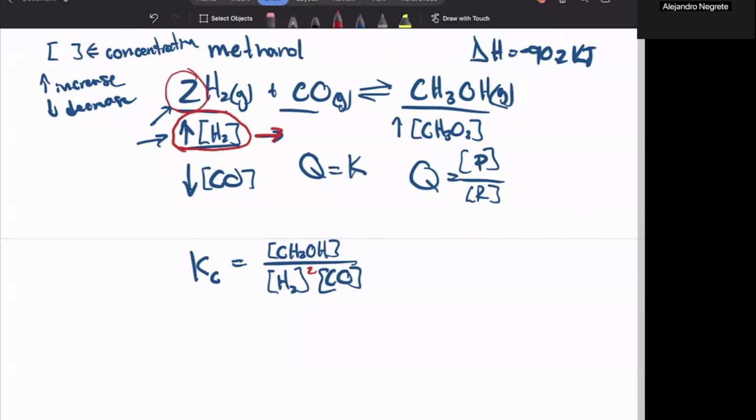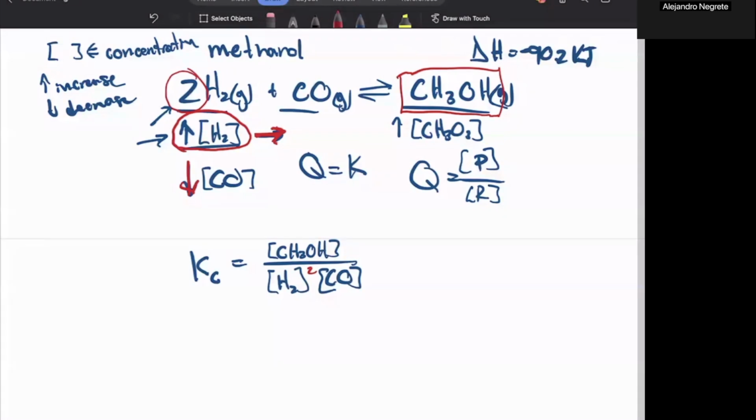But at the same time that this is occurring, we will see a decrease in the concentration of carbon monoxide because in order to make more methanol, for every 2 moles of hydrogen gas, we consume 1 mole of carbon monoxide.